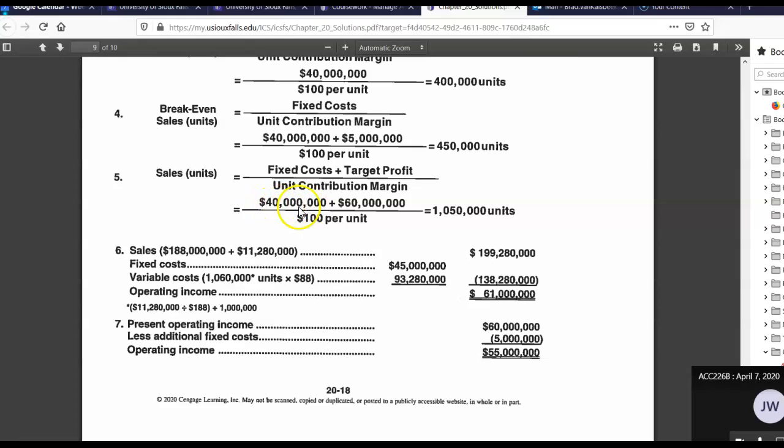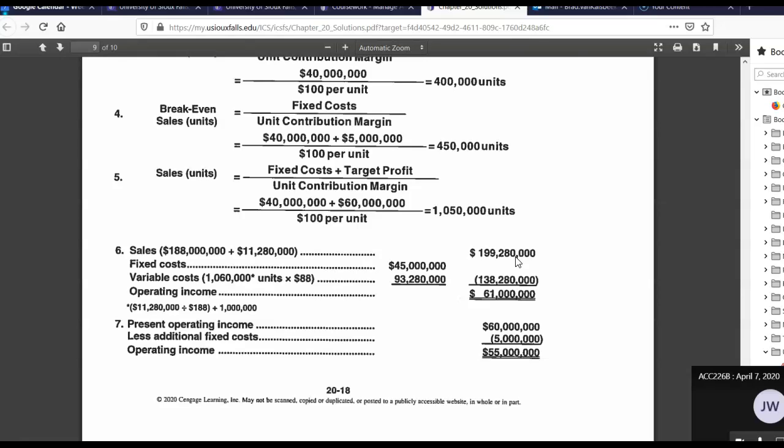So still our fixed costs plus the increase in our hurdle of 60 million, that still divided by $100. So 100 million divided by 100 is 1,050,000. So now our new sales is 1,050,000.